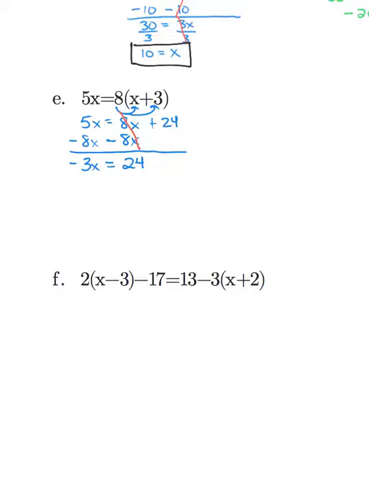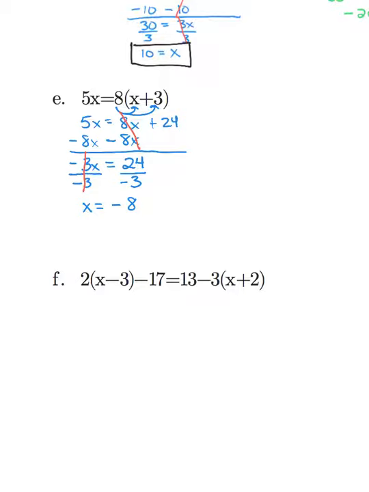From here, we can go ahead and divide by the coefficient. We have negative 3 times x. To get rid of multiplying by negative 3, I want to divide by negative 3. So if we divide both sides by negative 3, on the left my negative 3's cancel, leaving me with just x. And on the right side, we get 24 divided by negative 3 is negative 8.